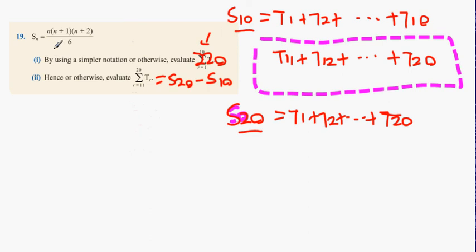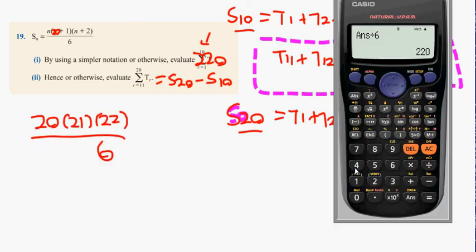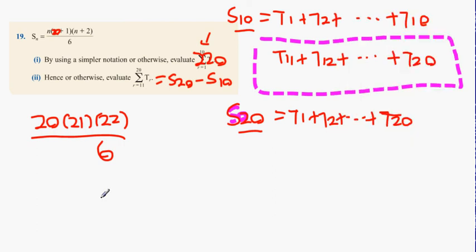S20 means replace all n's with 20s, so it's going to be 20 times 21 times 22 all over 6. So 20 multiplied by 21 multiplied by 22, divide that by 6, and we get 1,540.